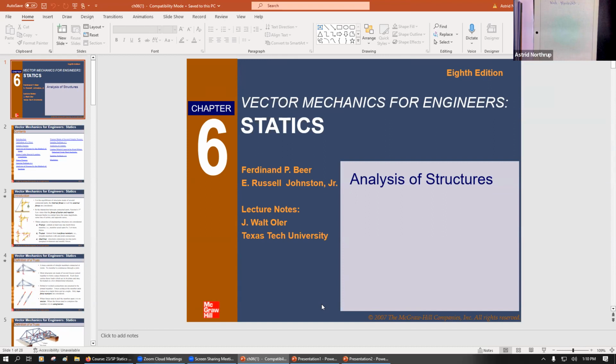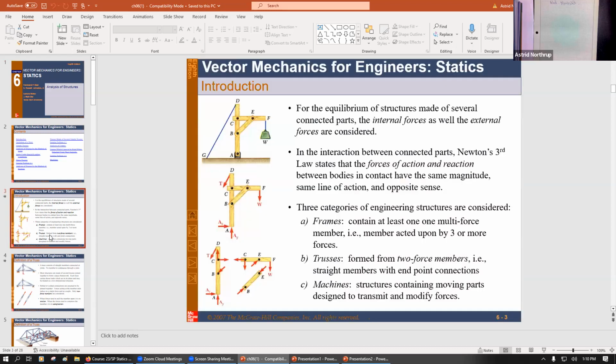We just say, this is the load, how does it distribute? But we also know in real life that that's not 100% true, right? Loads distribute, but if the members are not strong enough to bear those particular loads, a deformation or a rupture will occur. So what we're talking about in chapter 6 is actually an introduction to that.